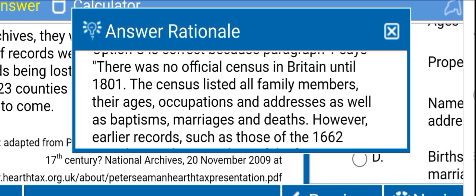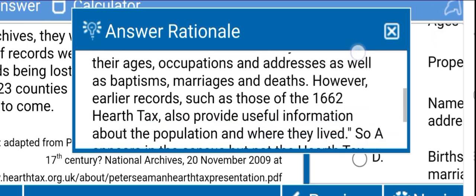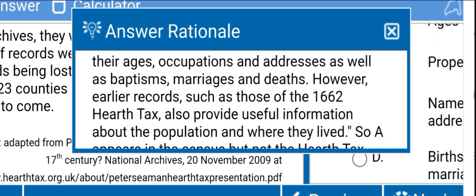However, earlier records, such as those of the 1662 Herd Tax, also provide useful information about the population and where they lived.